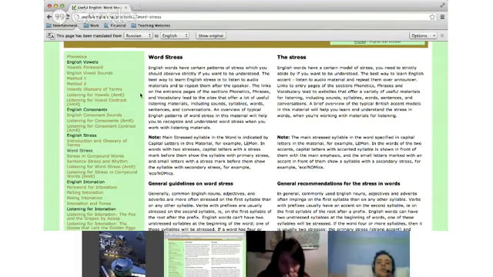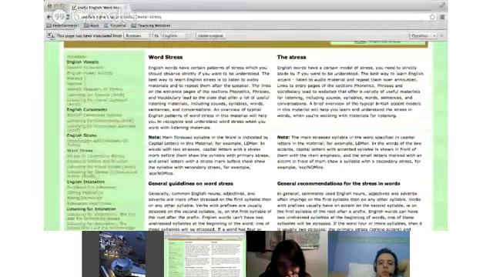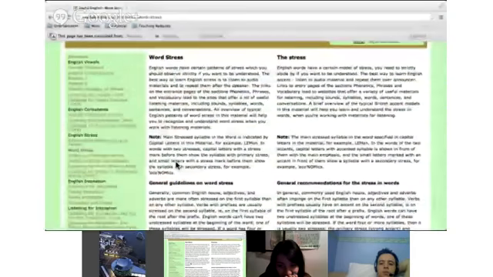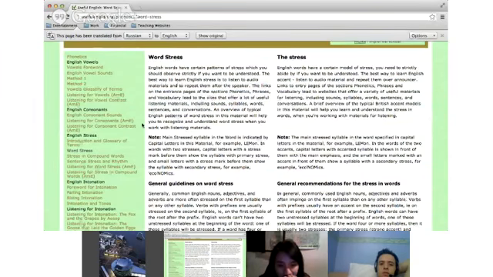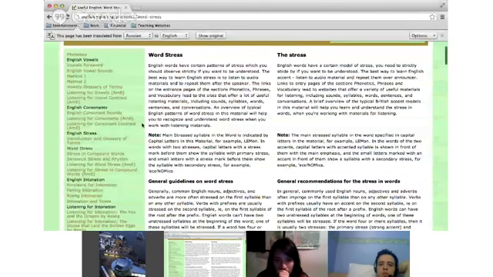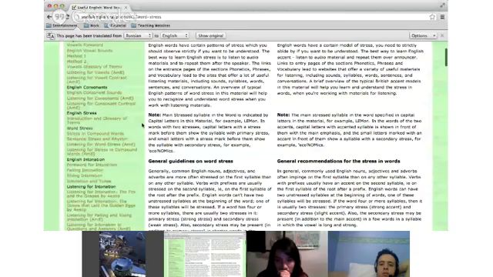The links of the entrance pages of the sections phonetic phrases and vocabulary lead to the sites that offer a lot of useful listening materials, including sounds, syllables, words, sentences, and conversations. An overview of typical English patterns of word stress in this material will help you to recognize and understand word stress when you work with listening materials.